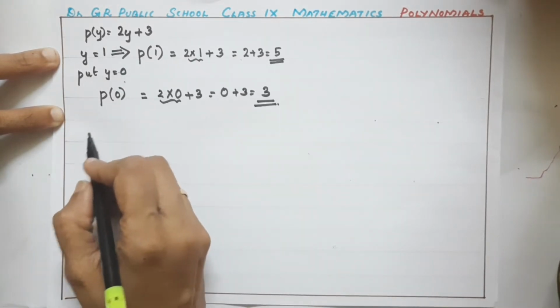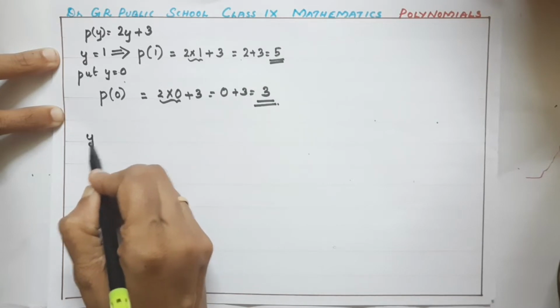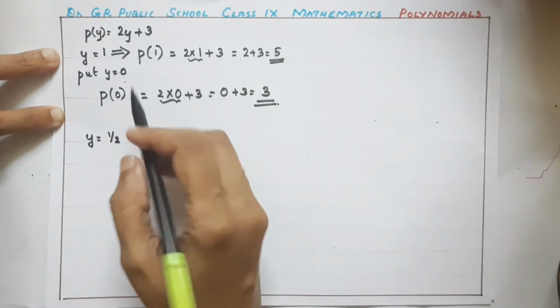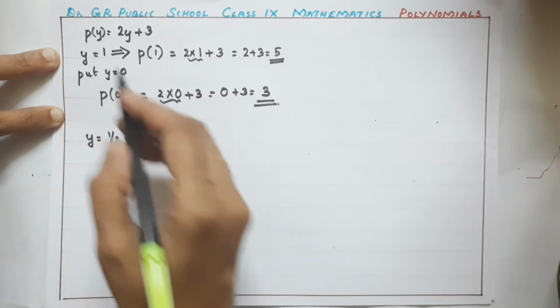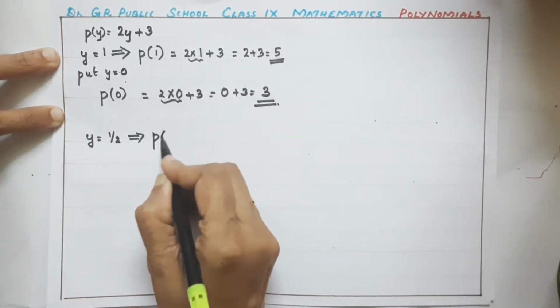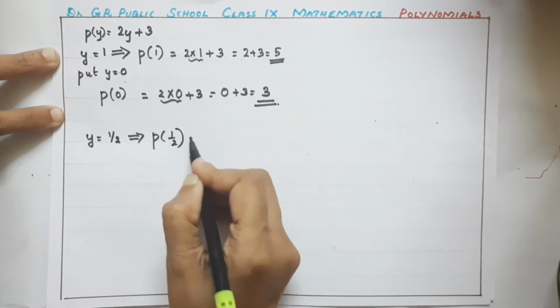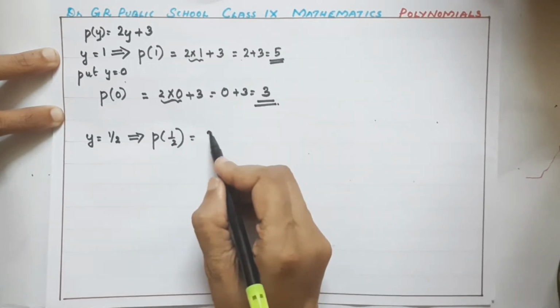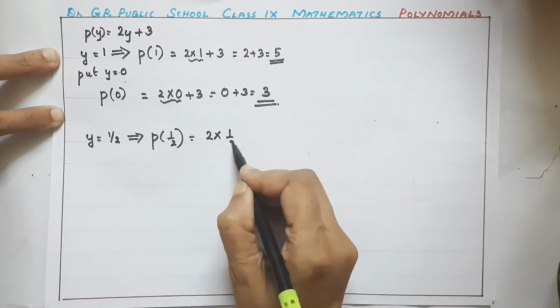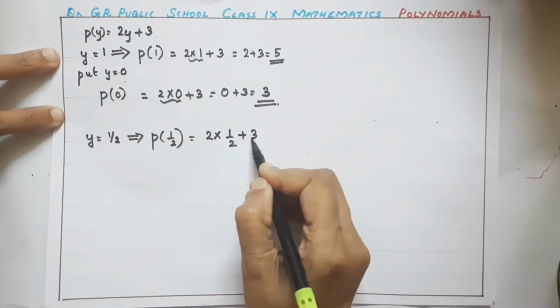If I am putting y equal to 1 by 2, what will happen to this polynomial? P of y will be equal to P of 1 by 2 equal to 2 multiplied by 1 by 2 plus 3.